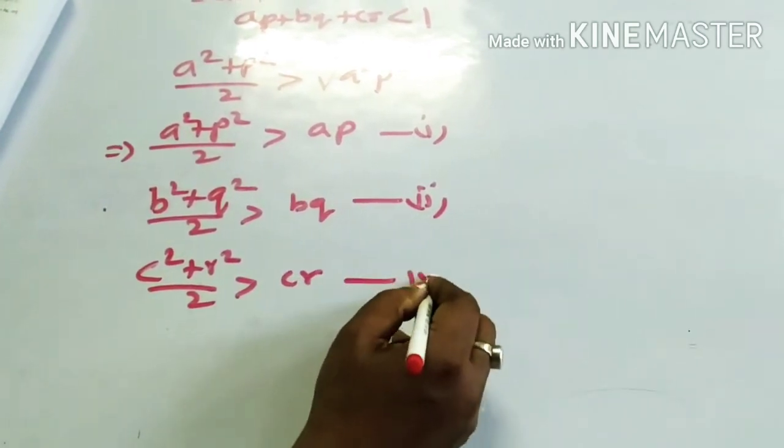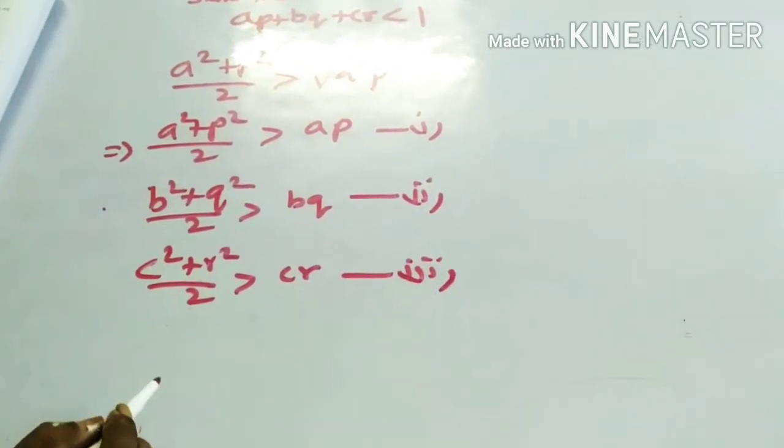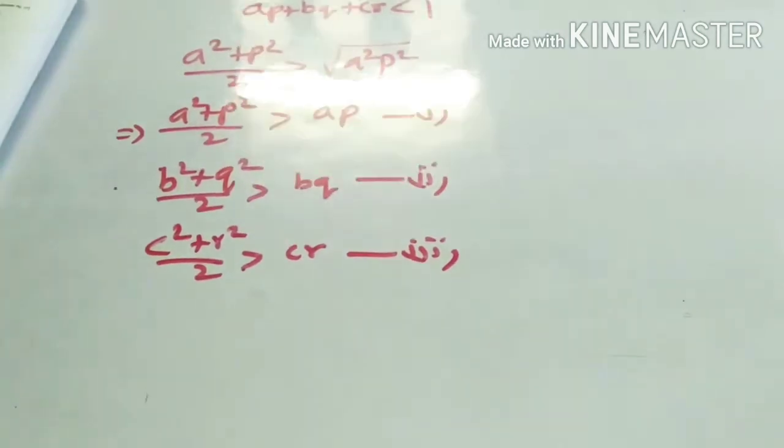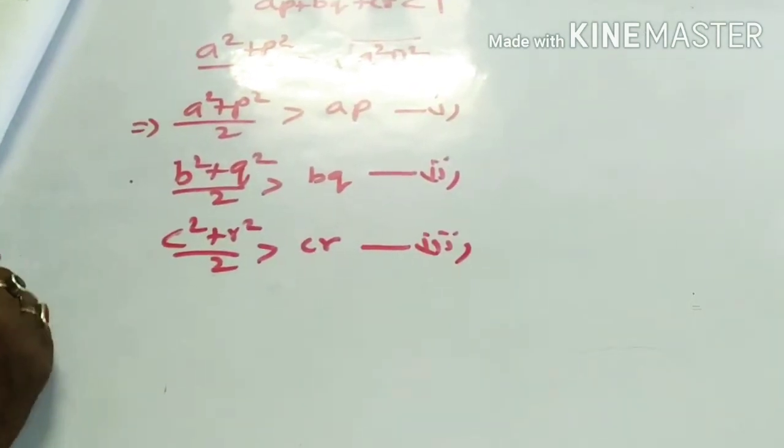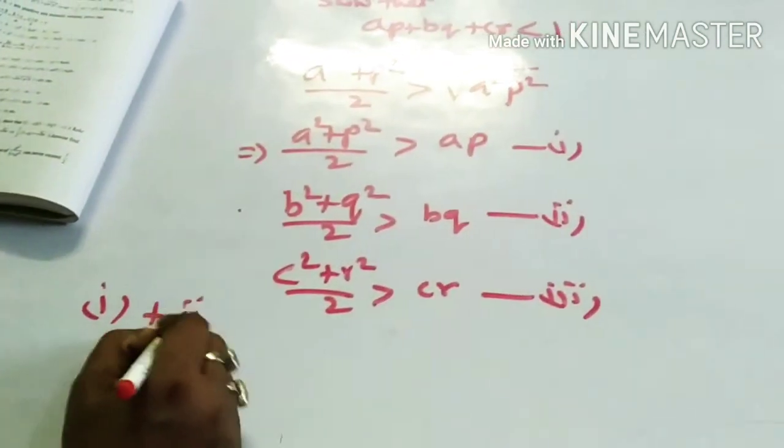This is equation 3. Now I am going to add all this, 1 plus 2 plus 3.